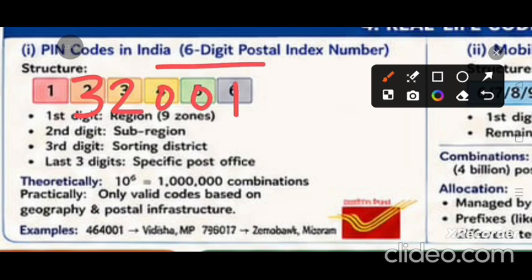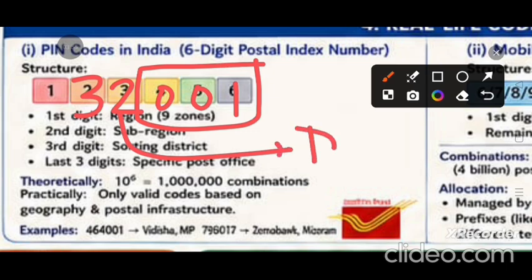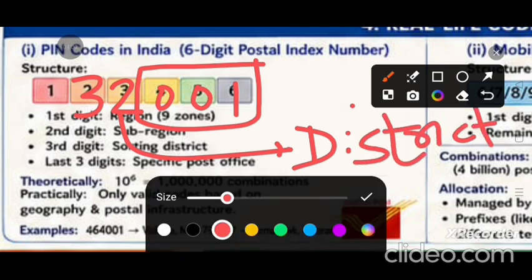So 001 represents the post office to which it belongs. 2 represents the district, and 3 represents the sub-region, that is Haryana, and 1 represents the region.